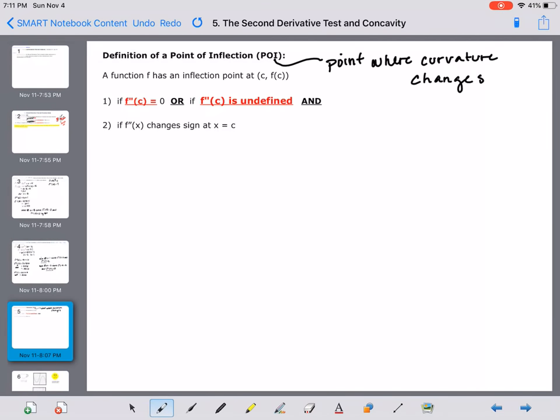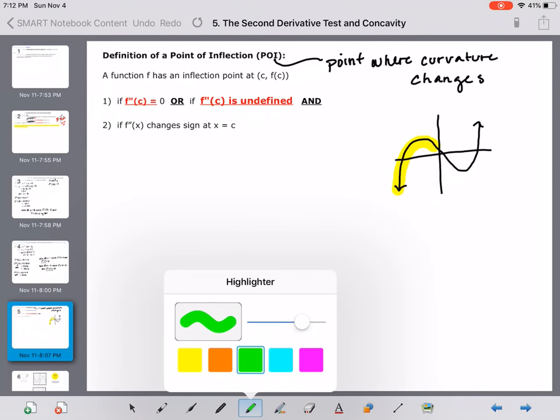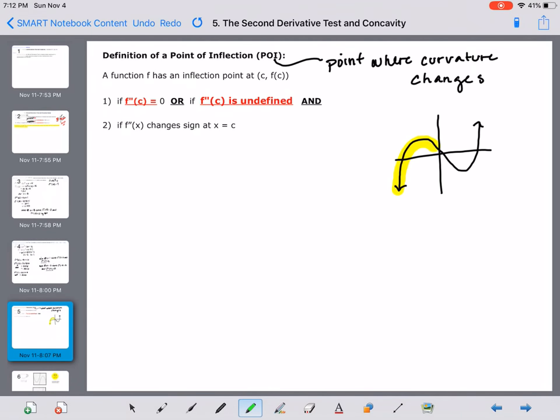So when we talk about the curvature of a function, so if we have a function, and this is always my favorite function to draw, don't ask me why, it's just natural for me. The curvature, if we look at our curve, is facing downwards, and then our curve is facing upwards.